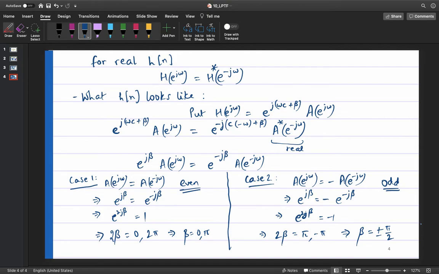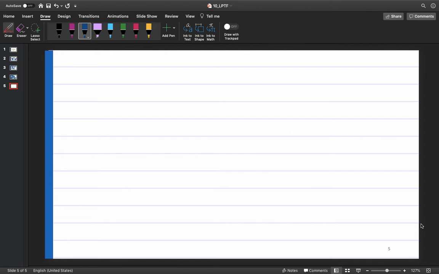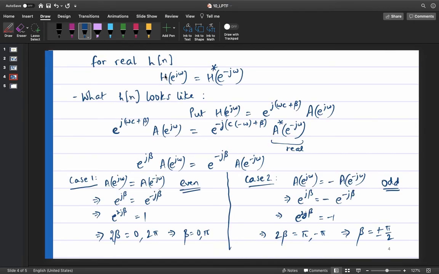Now let's look at these cases in slightly more detail. Consider case 1, where A is even. Now I want to see what h[n] looks like. To go to h[n], I have to go from H(e^{jω}) to h[n].